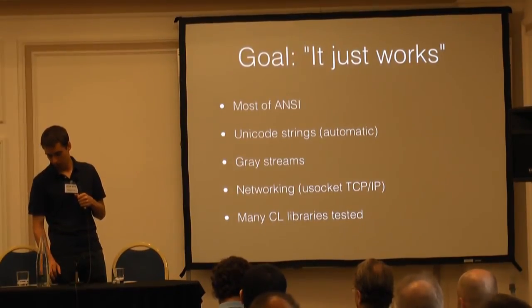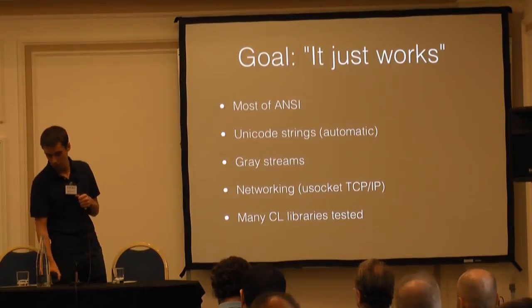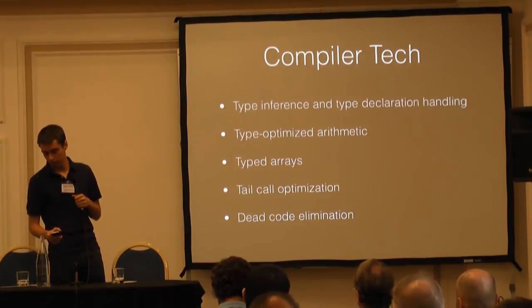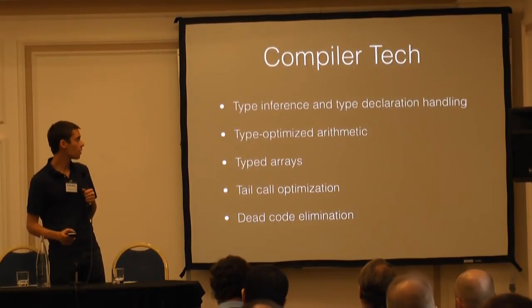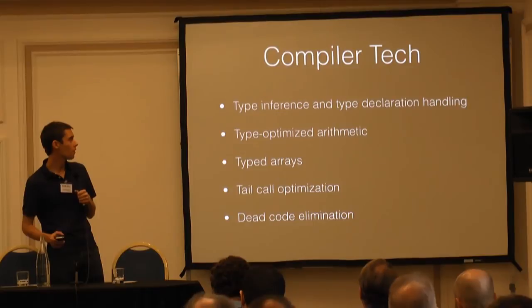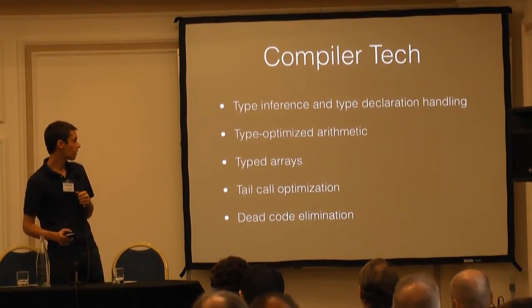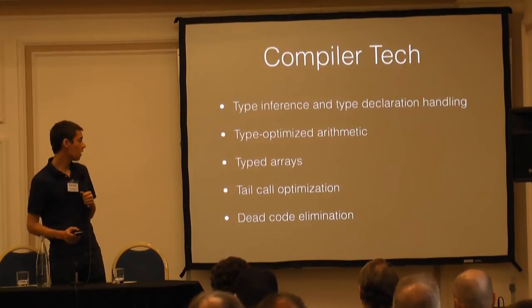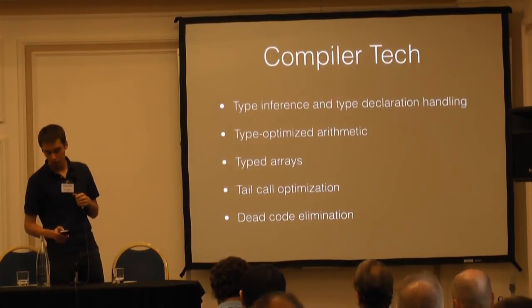Hans's Yason. So those are just a few. I've tried to make it as compatible as possible. And as I mentioned, pretty sophisticated stuff on the compiler side. So type inference, type declarations, optimized arithmetic, typed arrays, tail calls, dead code elimination.